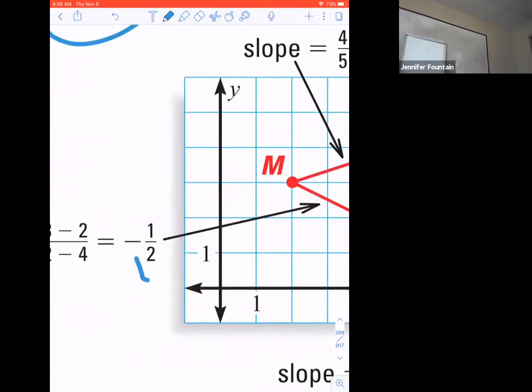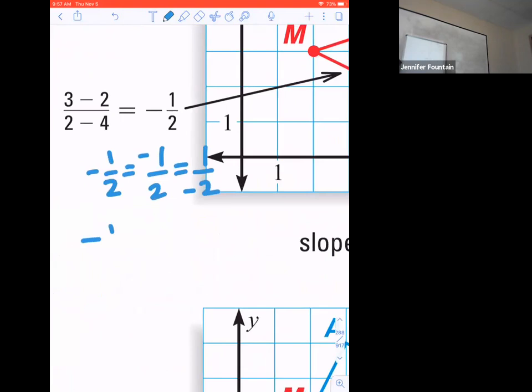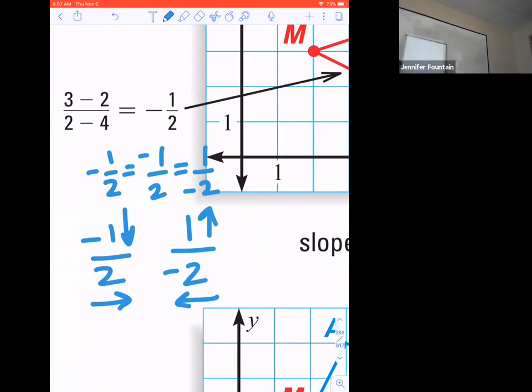Okay, so remember that -1, if I have my negative in front, that's the same as having my negative in my numerator and the positive in the denominator, or I can have my 1 in my numerator and my negative in my denominator. So notice if I've got -1/2, that means I'm going to go down and then right. But if I have 1/2, that means I go up and left.